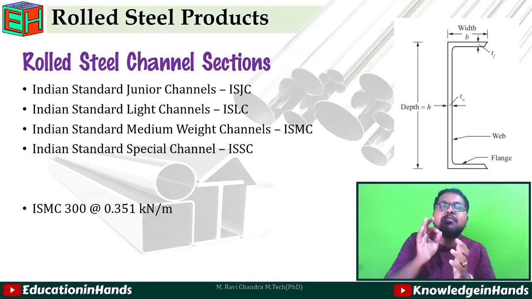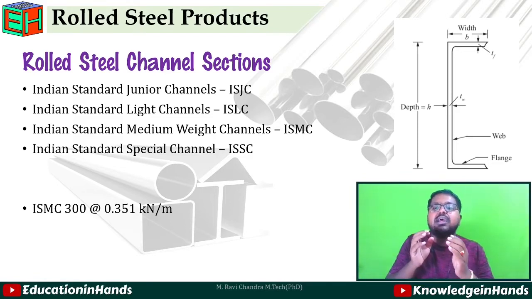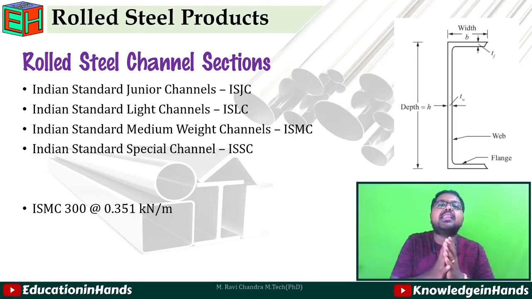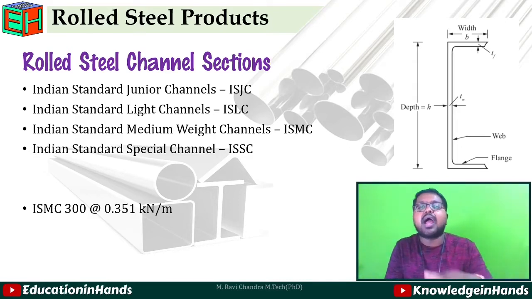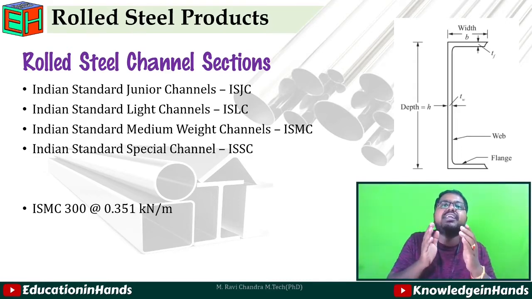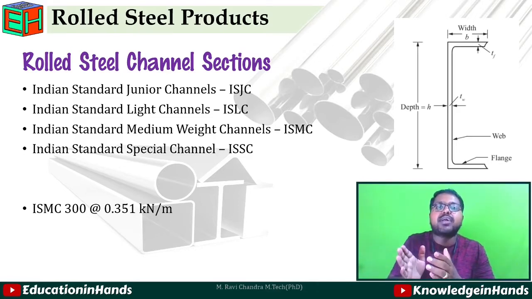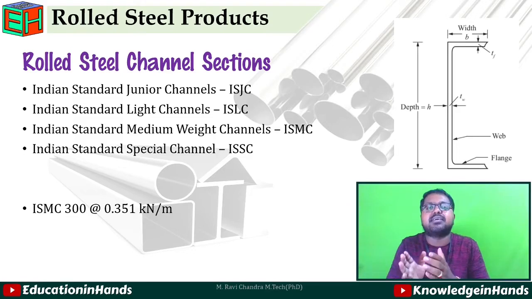We have to remember one important thing: wherever depth is mentioned here, that depth is purely in millimeters, and all these rolled steel sections are given in the Special Handbook for Structural Engineers SP6-1 or any Indian standard steel tables.